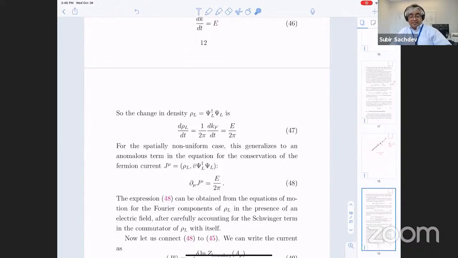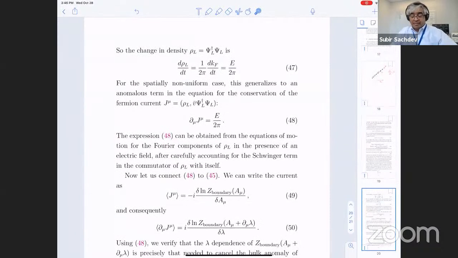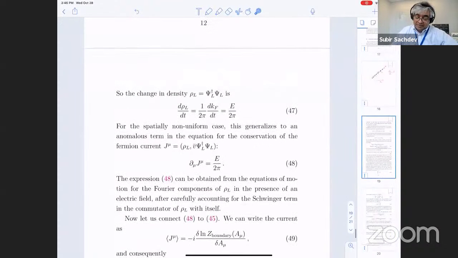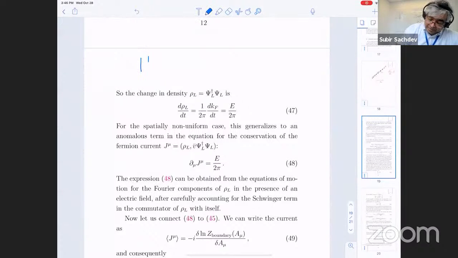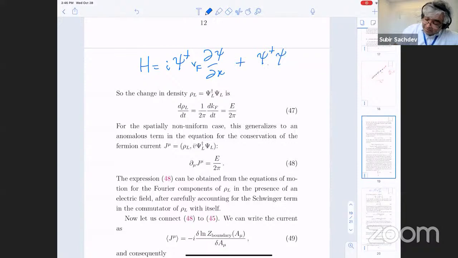Okay, you can do this a little more carefully. You can actually write down the equation of motion of the density for arbitrary space and time dependent electric field. So basically, you take the Hamiltonian for the fermions. The Hamiltonian for the fermions we learned was psi dagger v_F (-i d psi/dx), and then you put a potential, something like psi dagger psi times the electrostatic potential V of x, where the electric field is minus the gradient of V of x.